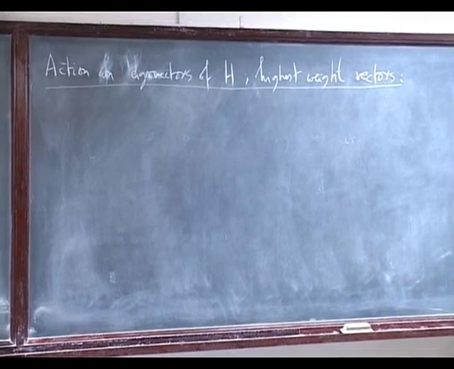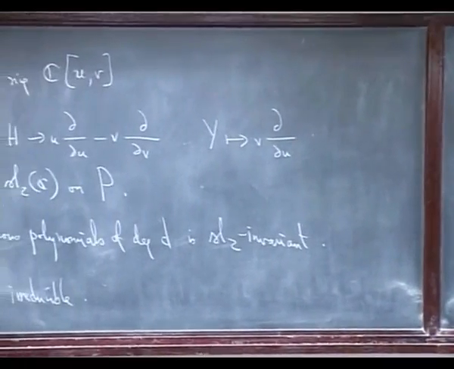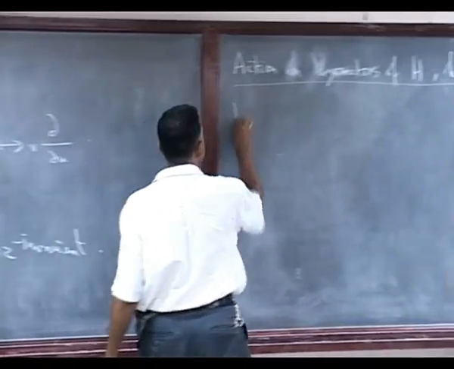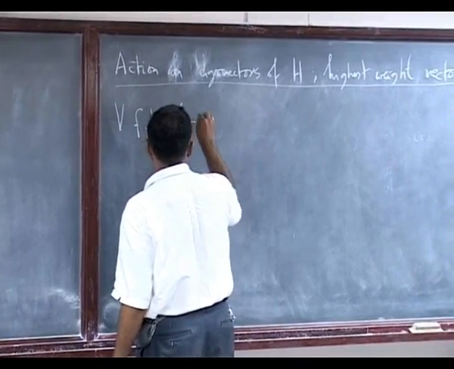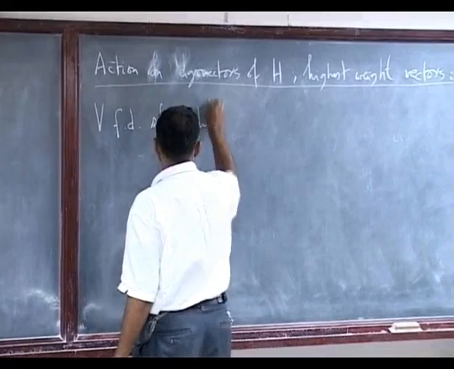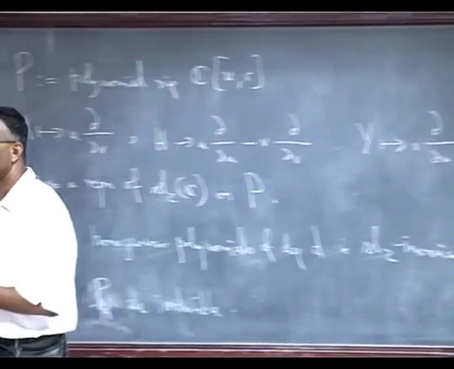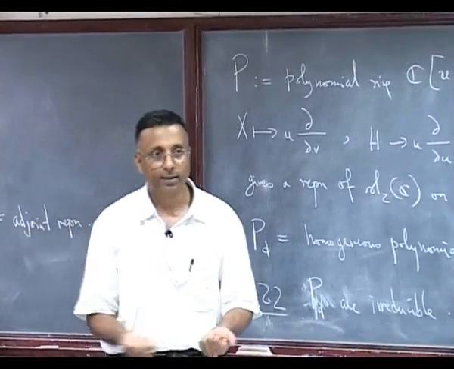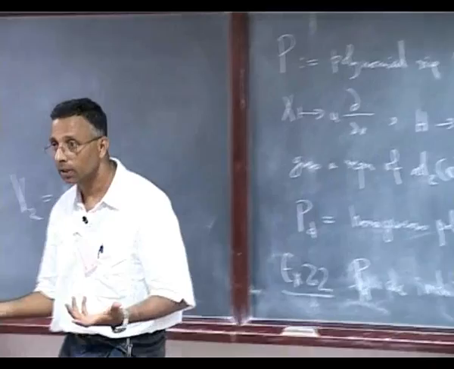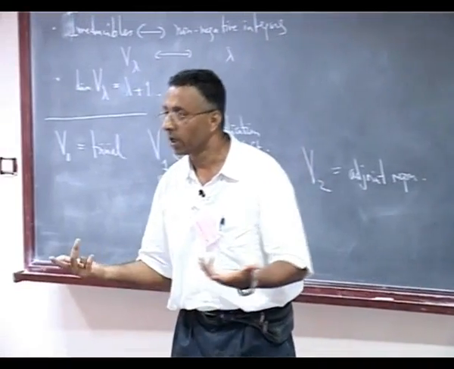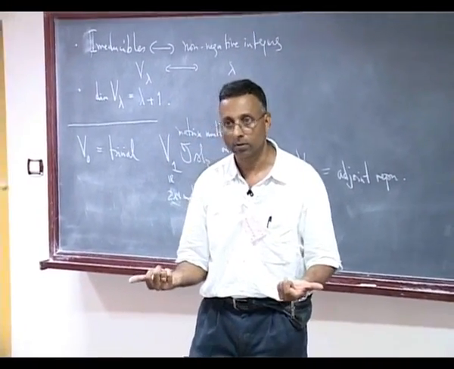So here is the situation. I am given an SL2 module V, finite dimensional. I want to start analyzing it. So I look at how H acts, and we are over the complex numbers, so every operator is bound to have an eigenvalue.